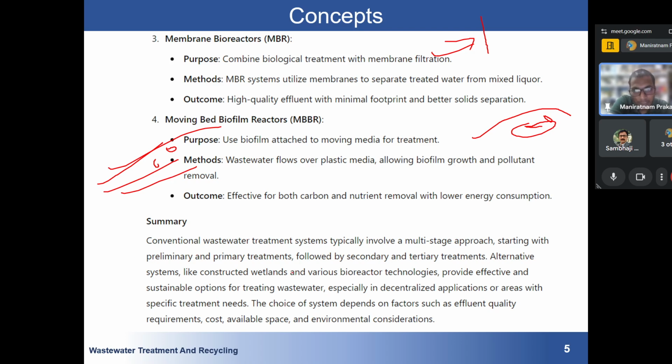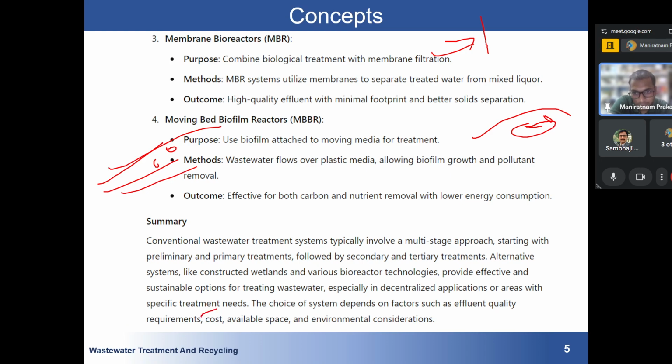We have seen that first we remove larger particles, then inorganic suspended particles, then organic particles, and finally some advanced treatment. Alternative systems like constructed wetlands and various bioreactors provide an effective and sustainable option for treating wastewater, especially in decentralized applications or areas with specific treatment needs. The choice of system depends upon factors such as effluent quality requirement, cost, available space, and environmental consideration.